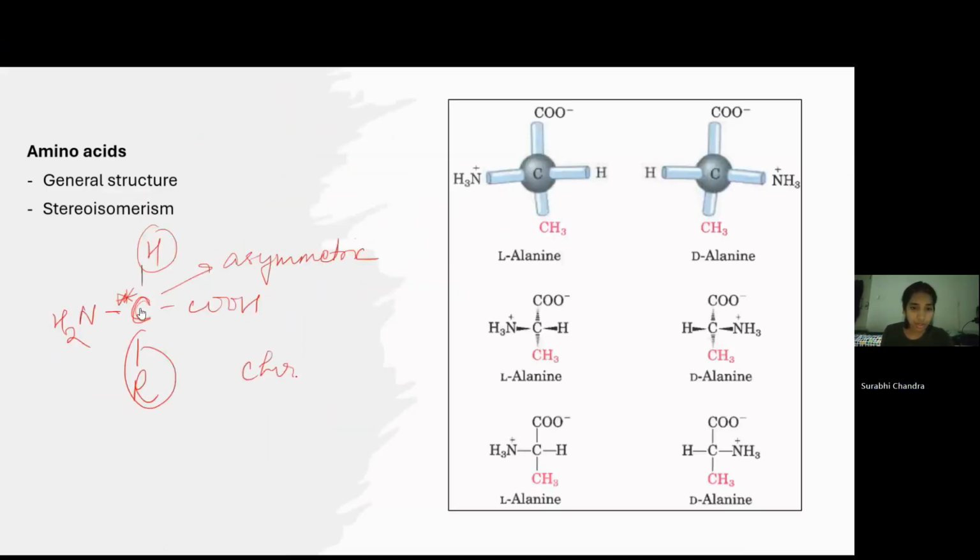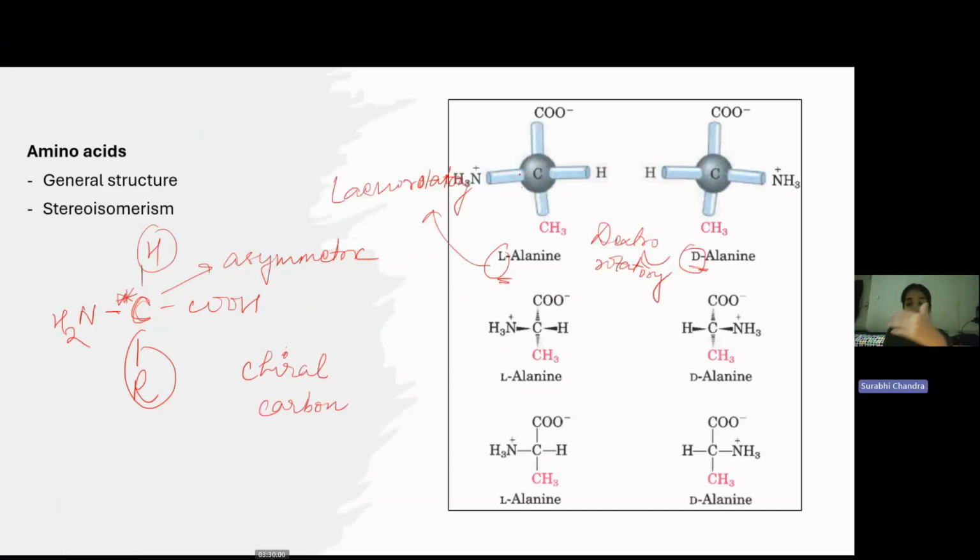So that is what I was writing here, that this is actually a chiral carbon, the star marked carbon, which is asymmetric due to four different groups attached to it. Okay. Yeah, this is levorotatory, this is dextrorotatory, and this is the wedge and dash representation of any chemical compound.